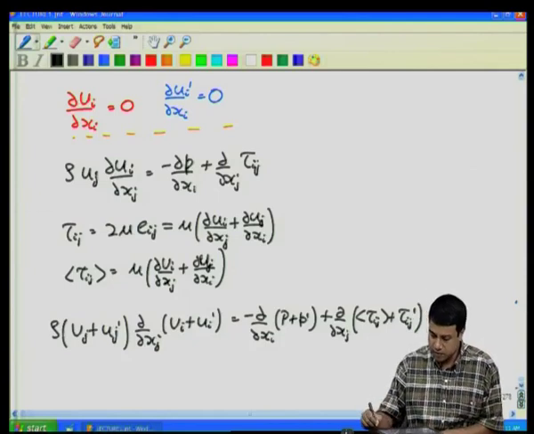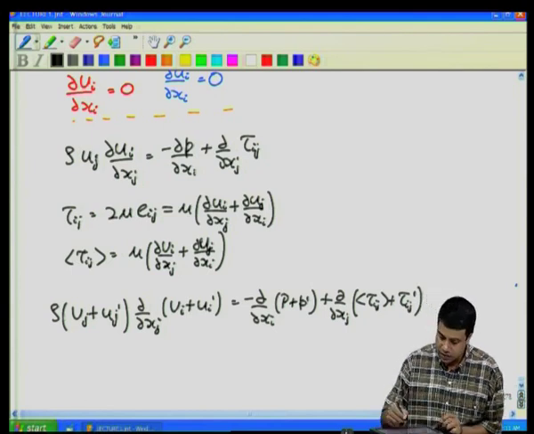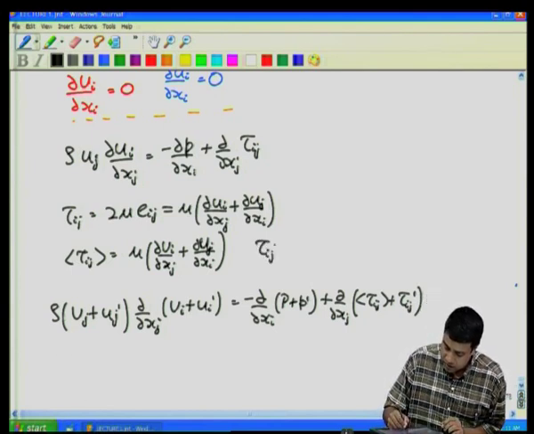So, this is the momentum conservation equation written in terms of the mean value plus the fluctuating part. The fluctuating part of the shear stress of course is tau_ij prime is equal to mu times partial u_i prime by partial x_j.